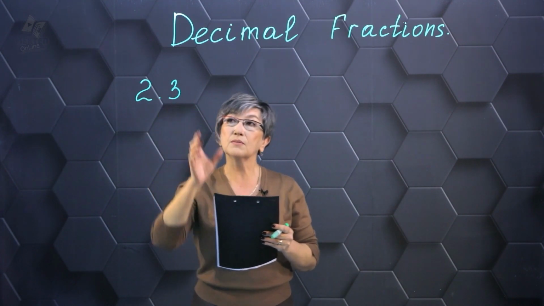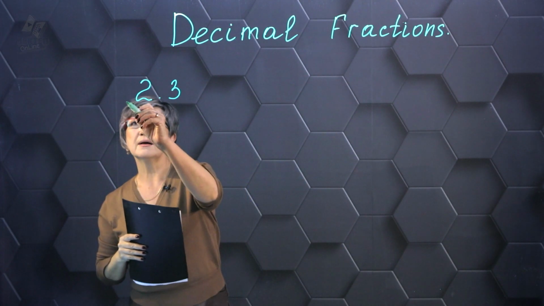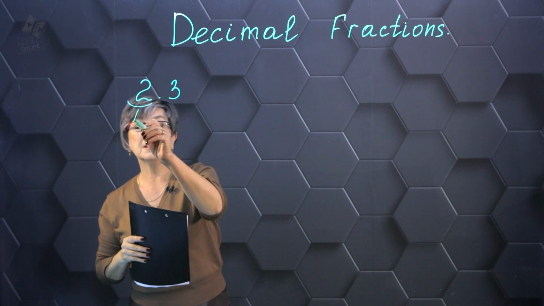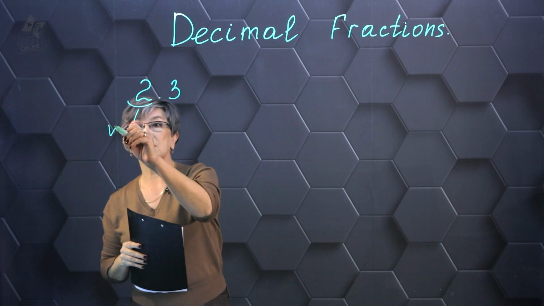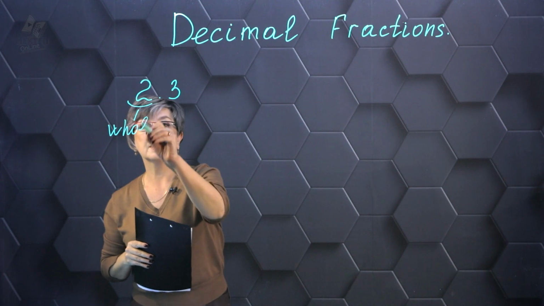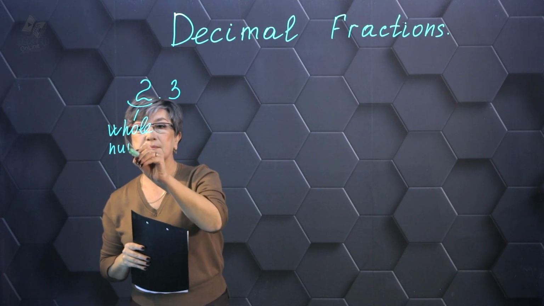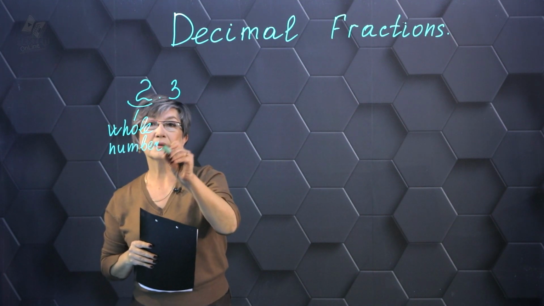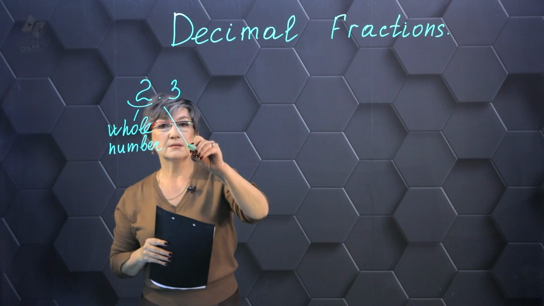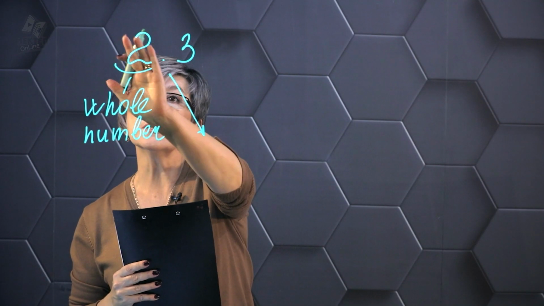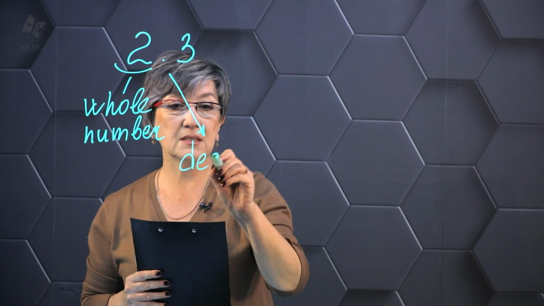So 2 is the whole part, which is a whole number. This is the point that separates the integer part of our record from the fractional part, and it's called the decimal point.